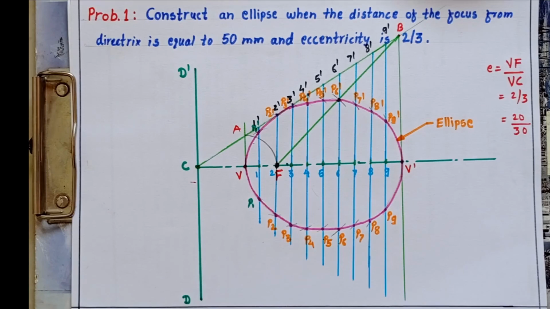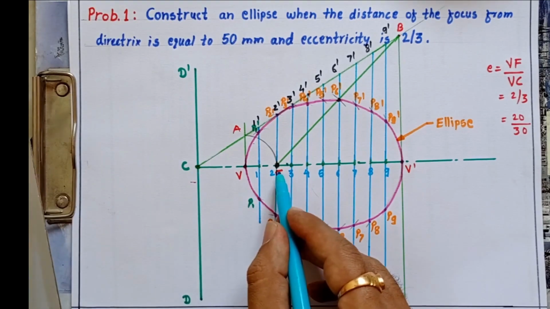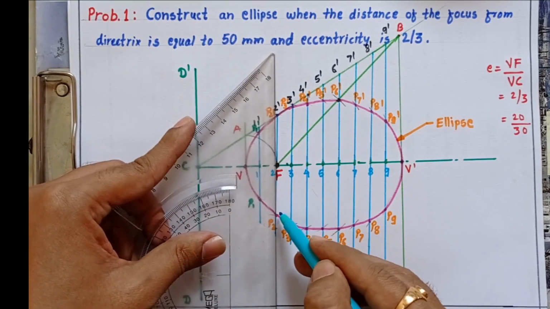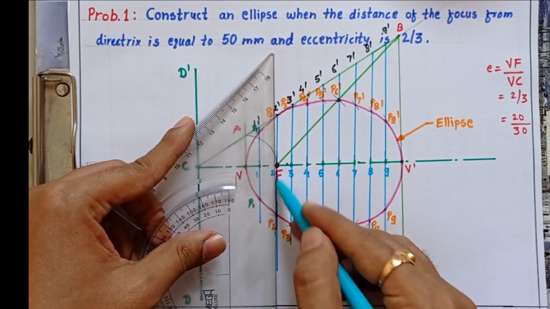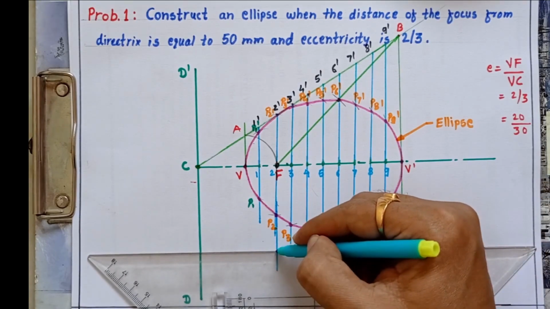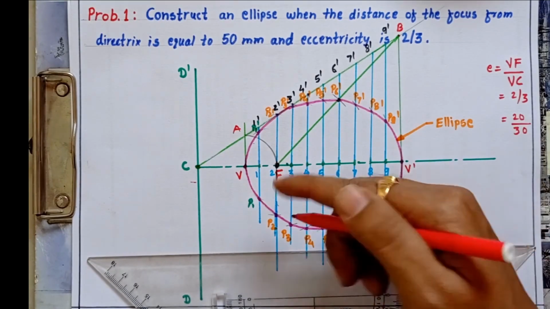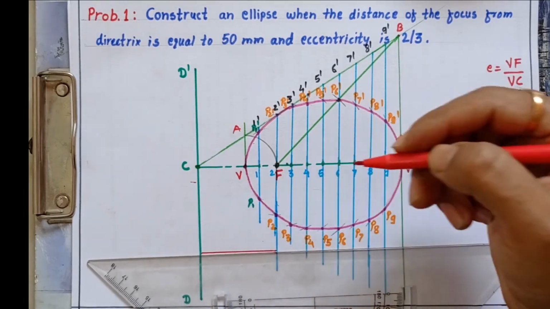Oh, one point remains, that is showing the distance of the focus from the directrix, which is the dimensioning part. Here we have point C, this is your point F. We extend it vertically downward, and we draw one horizontal line, which is your dimension line.